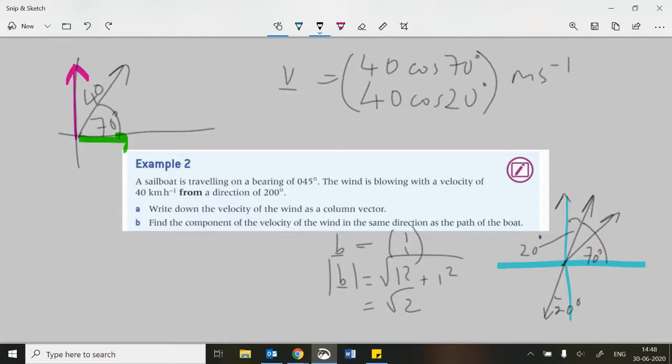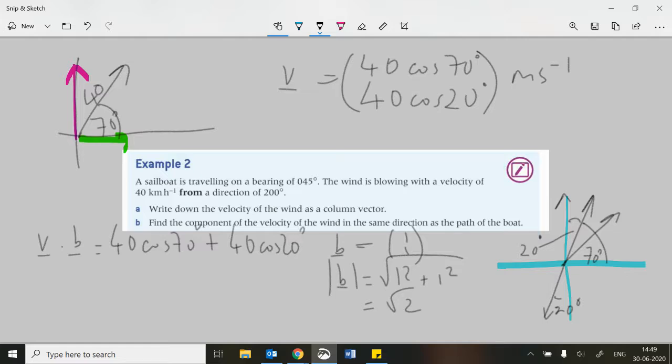So v dot b is going to equal this times 1 plus this times 1. That's 40 cos 70 degrees plus 40 cos 20 degrees.